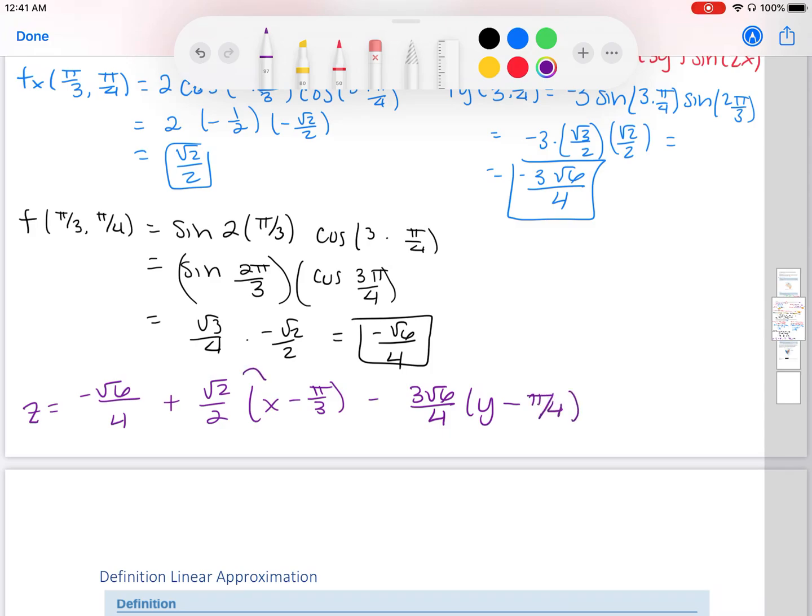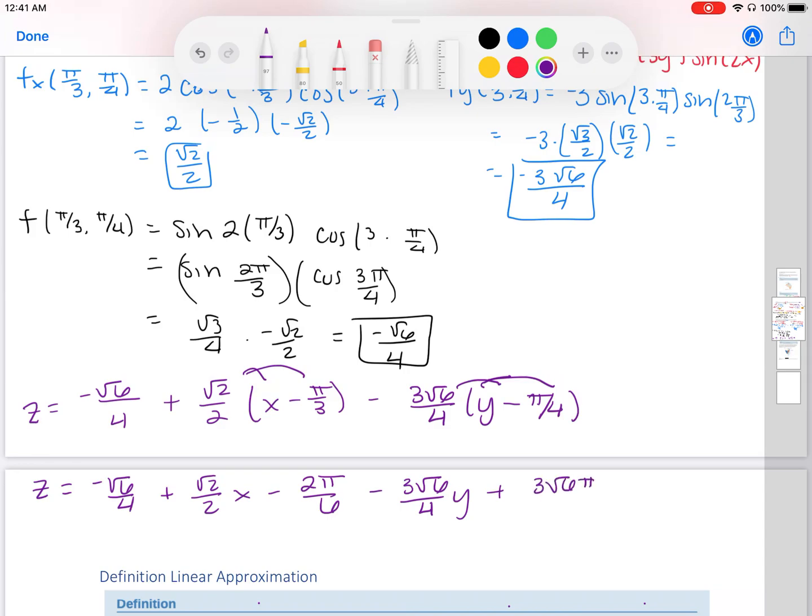We distribute those values in, and we're left with z is equal to negative square root of 6 over 4 plus square root of 2 over 2 x minus 2 pi over 6 minus 3 square root of 6 over 4 y plus 3 square root of 6 pi over 16. And that's it.